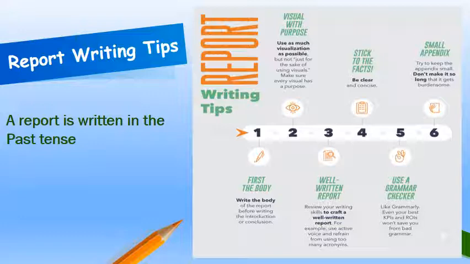Be clear and concise. You are not supposed to write your own expressions and emotions and include them in this report. Everything must be factual, concise and clear. Clarity and facts are the most important points to be kept in mind while writing a report.